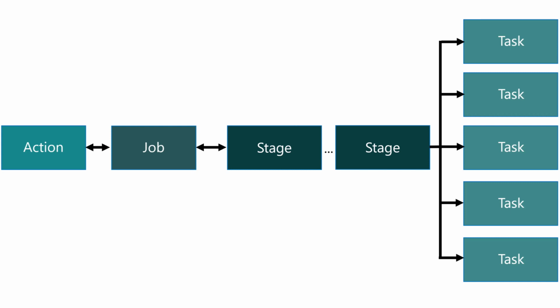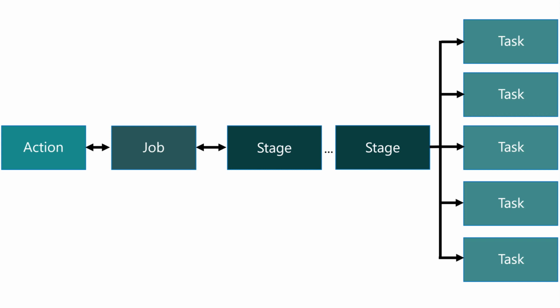It starts when users write application code, which has some data transformations, for example, filtering, and some actions like count, just to count how many records, rows we have in the data. And when an action is called, that is the time when things kick off.